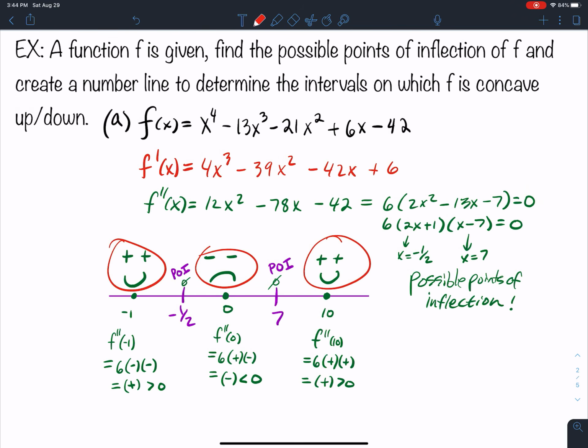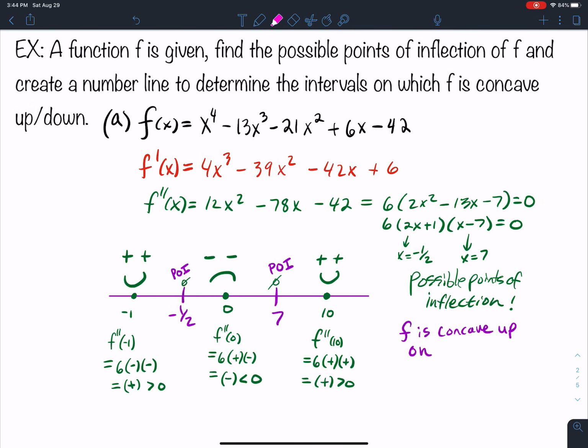All right, so now I can see my intervals. Where I'm concave up is where I'm positive, so from negative infinity to negative 1/2, and then from 7 to positive infinity. Now concave down is where I'm negative, so I'm negative between negative 1/2 and 7.